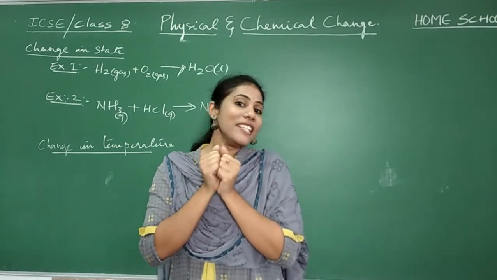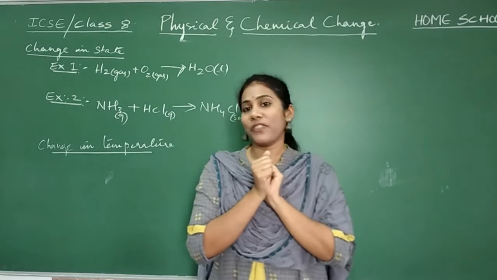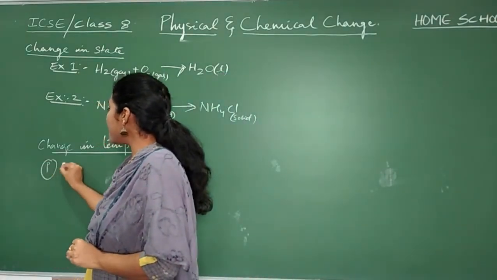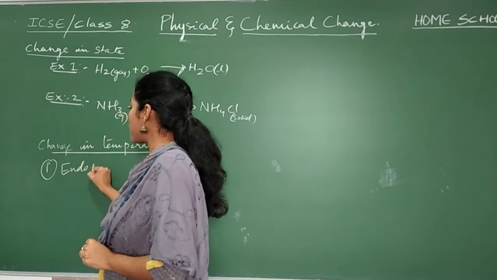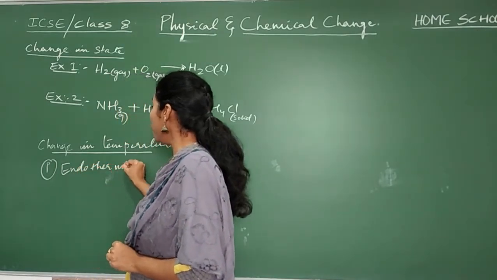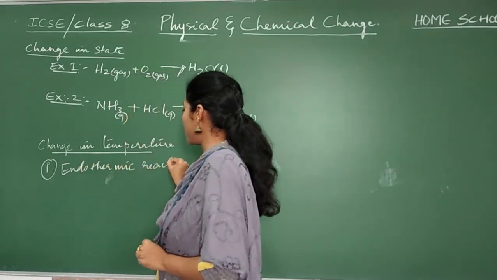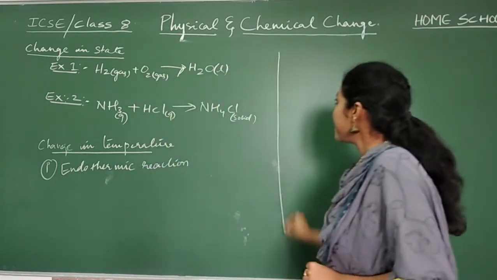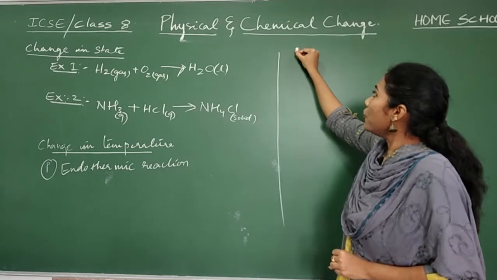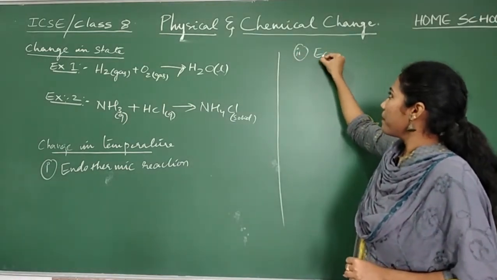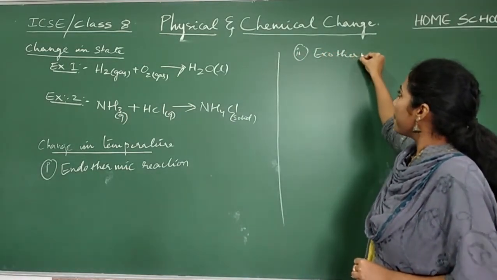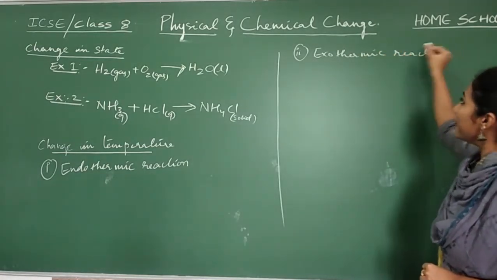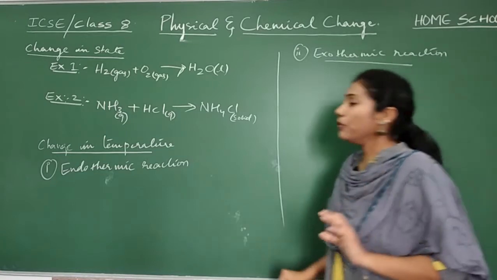So we will study two types of reaction here. What are the two types of reaction? First one is endothermic reaction, and the second one is exothermic reaction. Their meanings are very, very important to understand.